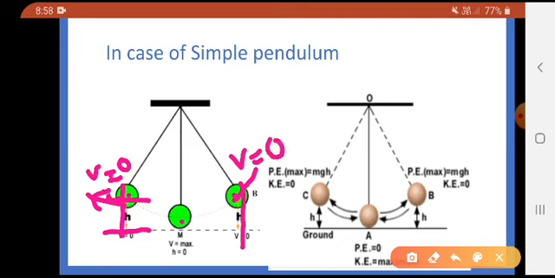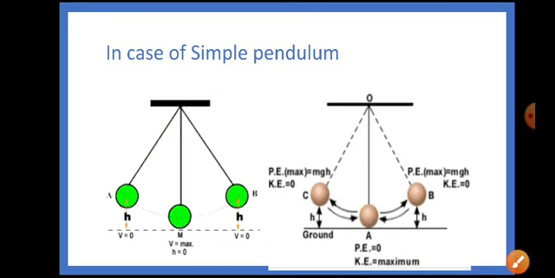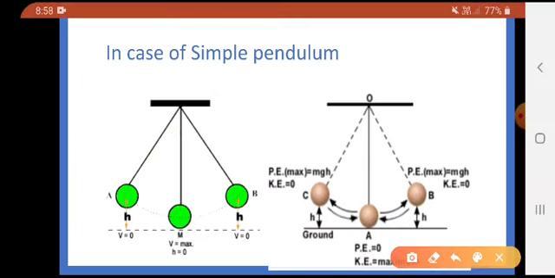And at the reference point, its height becomes 0. So here height becomes 0, and at the extreme points velocity becomes 0.